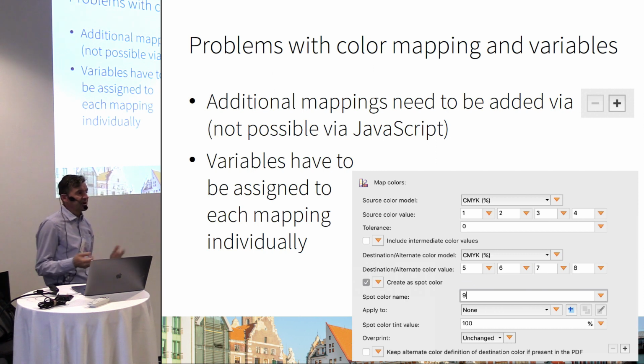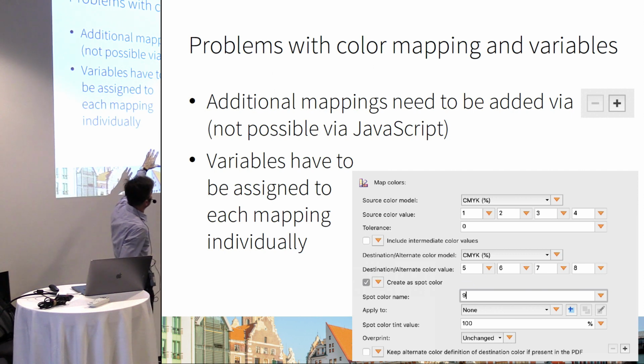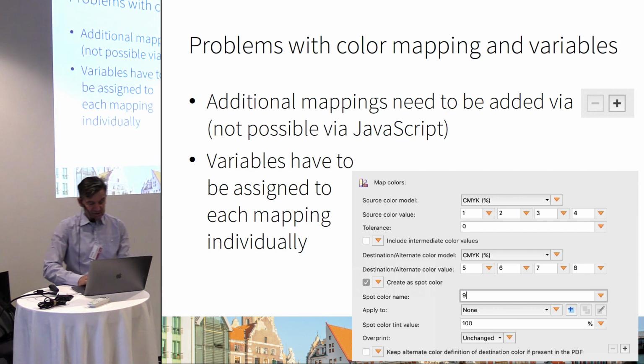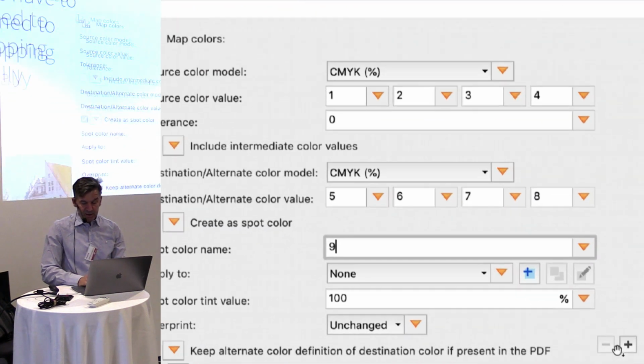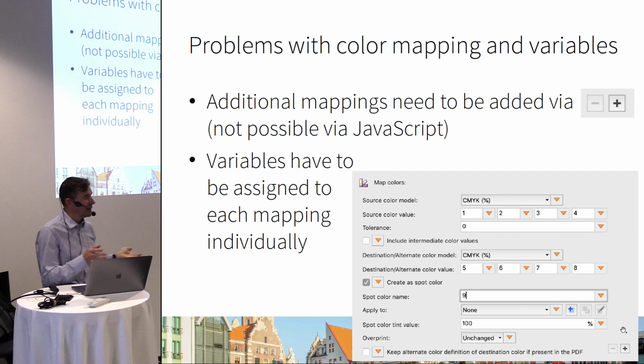The problem is when it comes to variables. If you would want to have more than just one conversion in the Fixup, you can do that by using this plus button here. You just hit the plus button and enter another combination of color values.